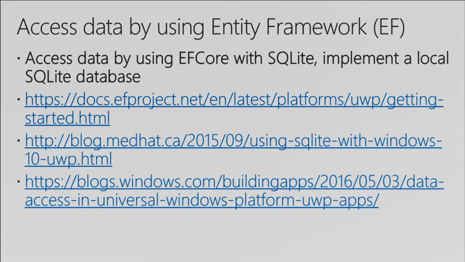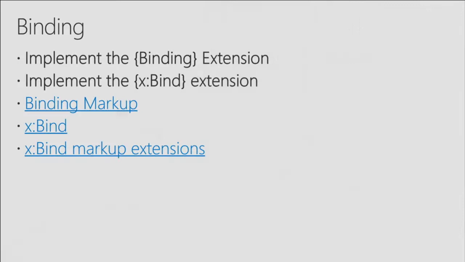Entity Framework's flexible enough that it can use regular SQL as its backend or provider, or it can use SQLite as its provider. It actually can use a lot of different databases. Since SQLite is supported within Universal Windows, you can just use Entity Framework Core and point it to SQLite. So a lot of the stuff you do with regular Entity Framework is going to just work here out of the box. That's the data access mechanism that you're going to see in the certification exam.